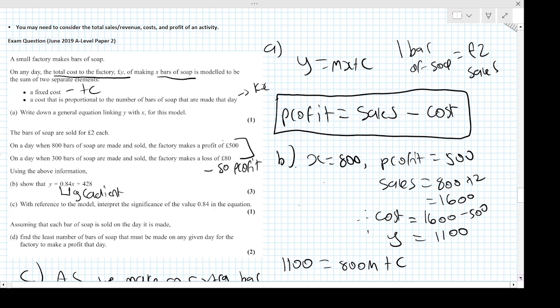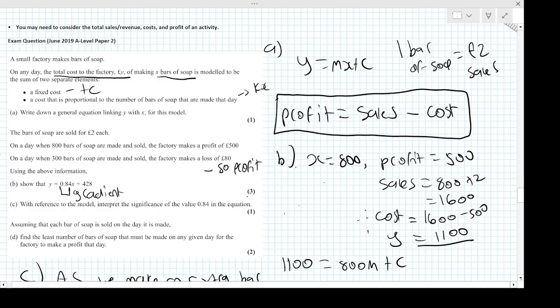So, for example, we can use these two sentences: when x is 800, the cost is 1100, and then we could substitute that into this equation to find the missing values m and c to complete our model. It's the same sort of idea of finding missing points or values to substitute into your equation to work some out, okay?